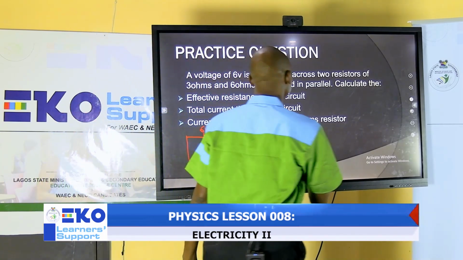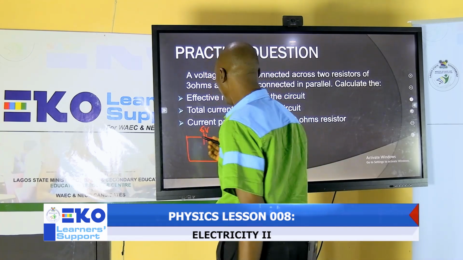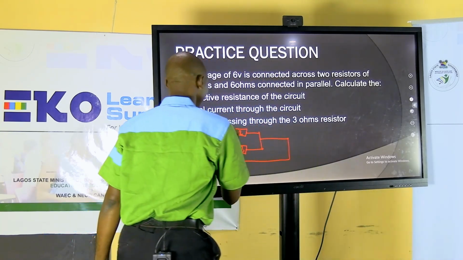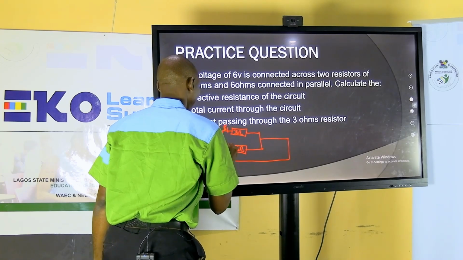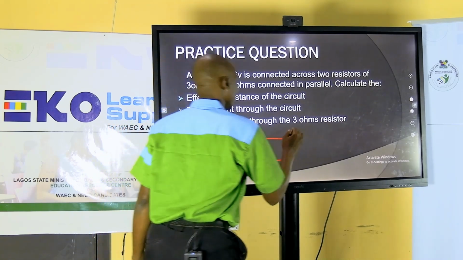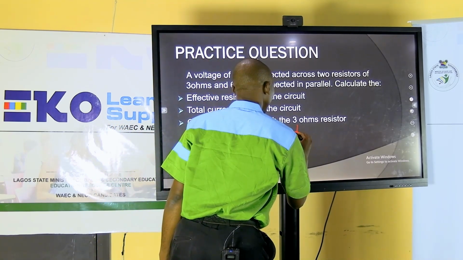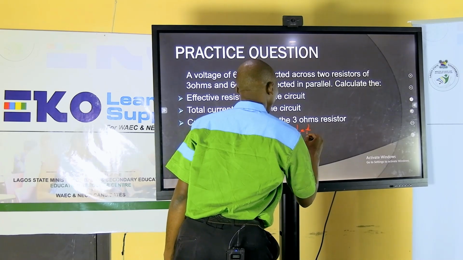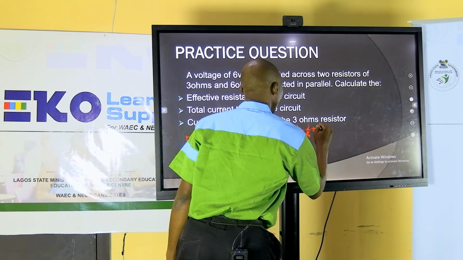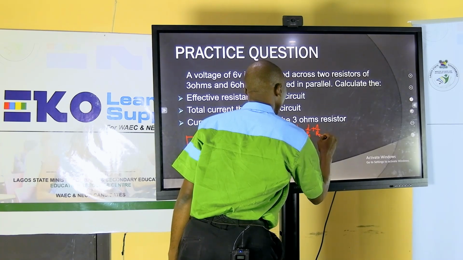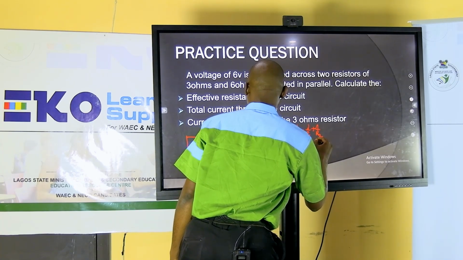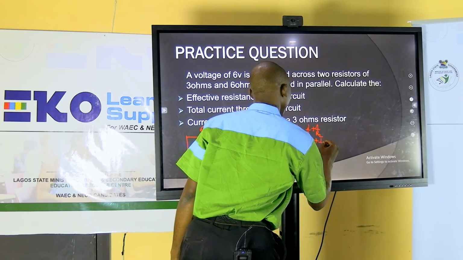Let's start with that. When we say effective, what do they mean? We are talking about total. And because they are in parallel, I'll label it R1 and R2. So our R total equals 1 over R1 plus 1 over R2, which is 1 over 3 plus 1 over 6.